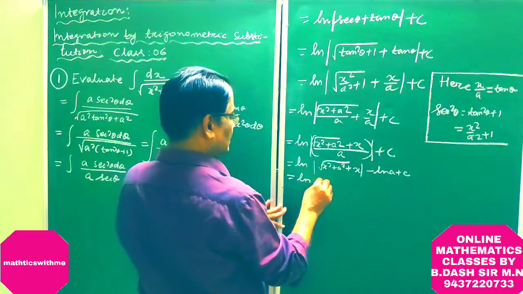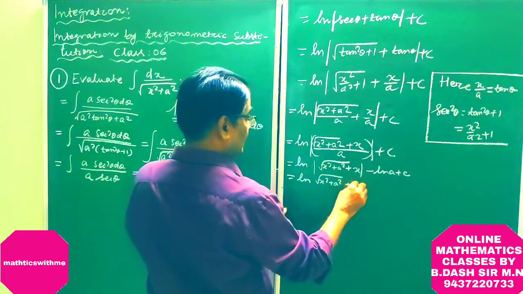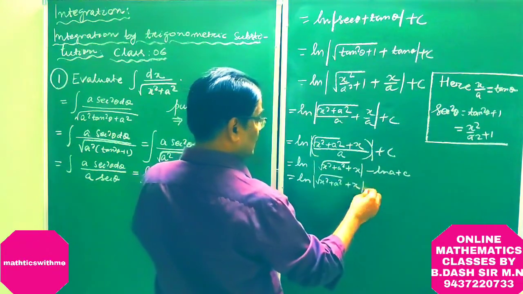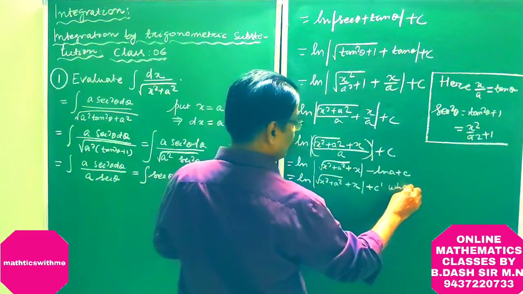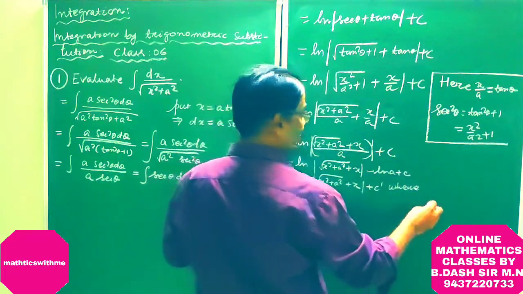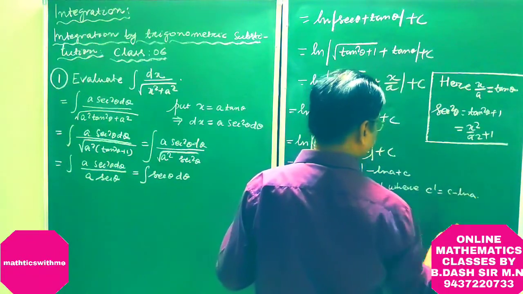This is equal to ln of the mod of root over x square plus a square plus x, plus c dash, where c dash is equal to c minus ln a.